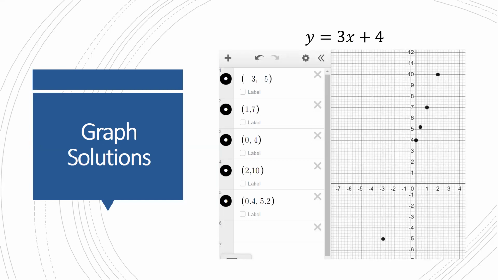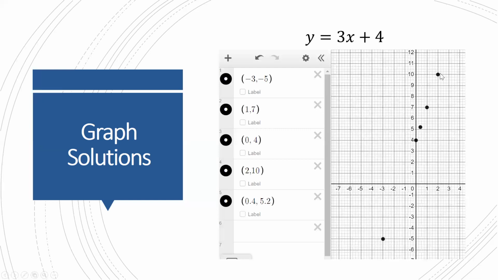But essentially, what we do is we take our points, -3, -5, 1, 7, 0, 4, 2, 10, 0.4, 5.2. And we make a point on that Cartesian coordinate plane. So we make a point on the grid for every point that I have.